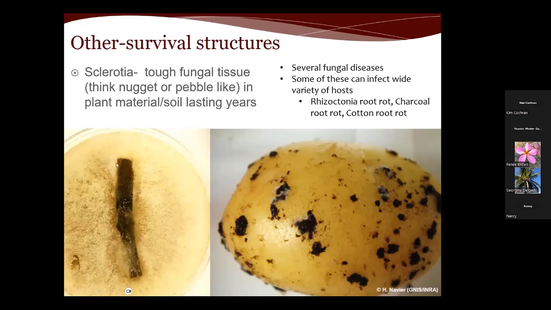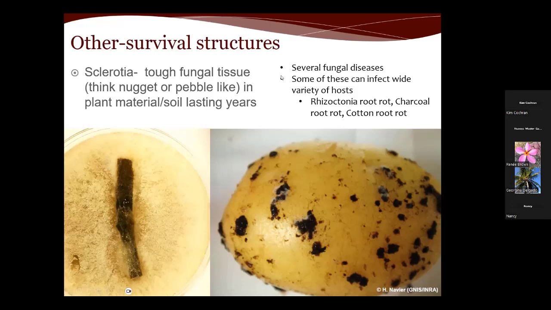And here you can see it in culture, those little tiny white beige-colored flecks. Those are baby sclerotia starting out. And if, say, this stem had been left in the field or that potato had been left in the ground and they rotted away, those little sclerotia would still be there years from now, if not decades from now, and able to cause disease on a new plant that happens to grow in that location.